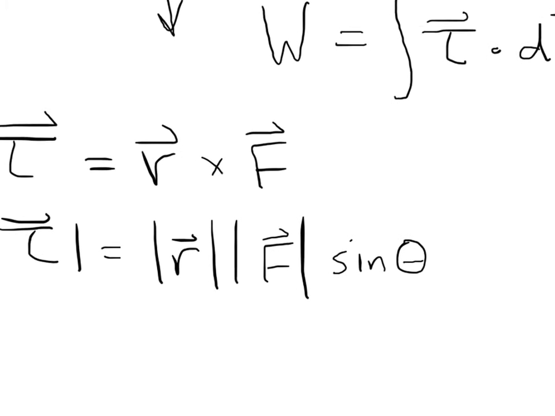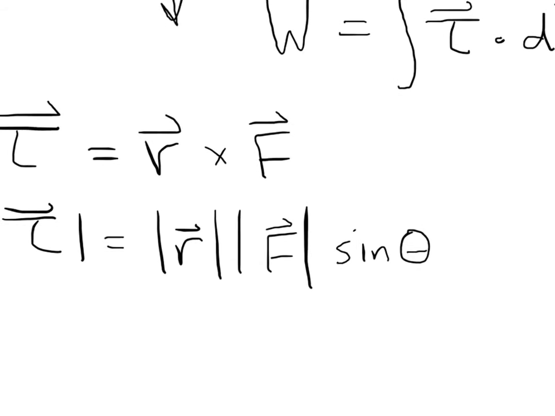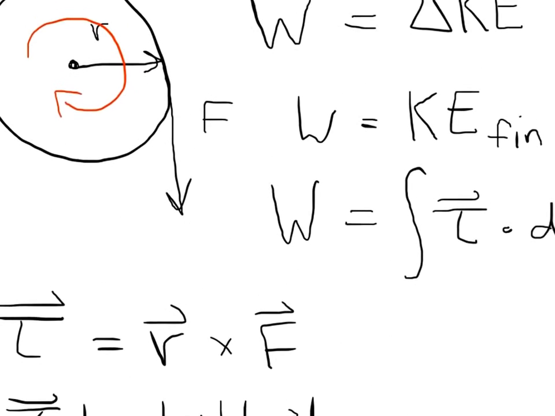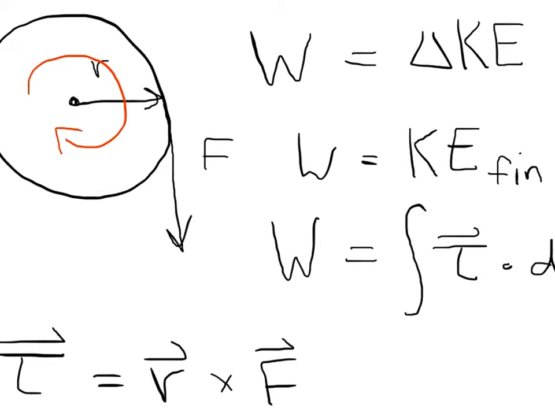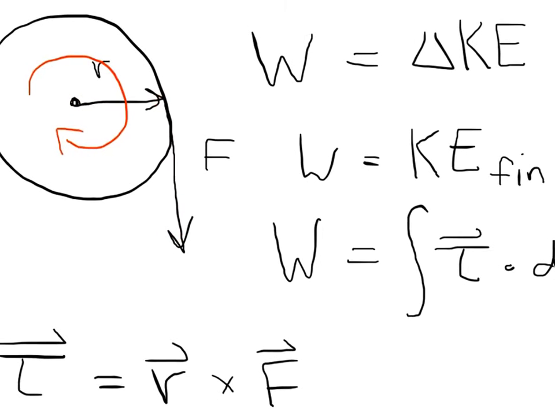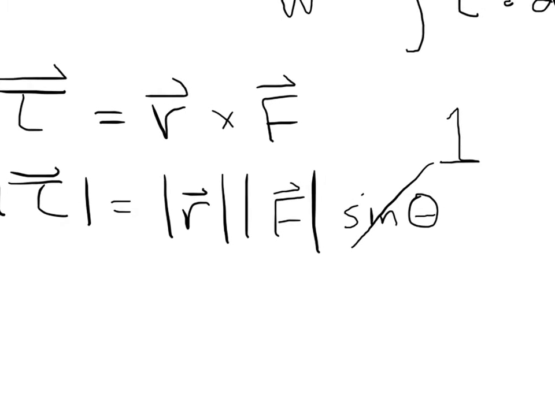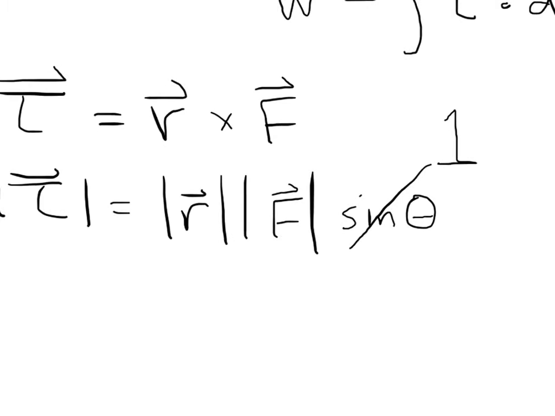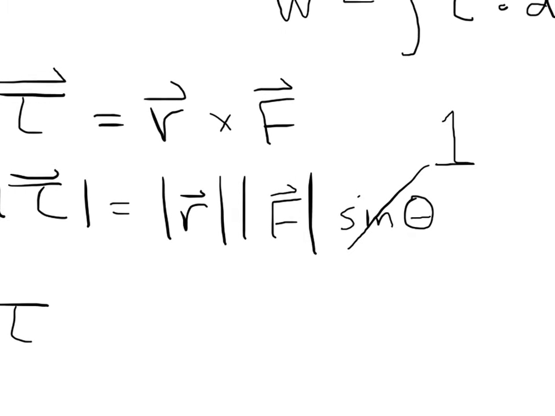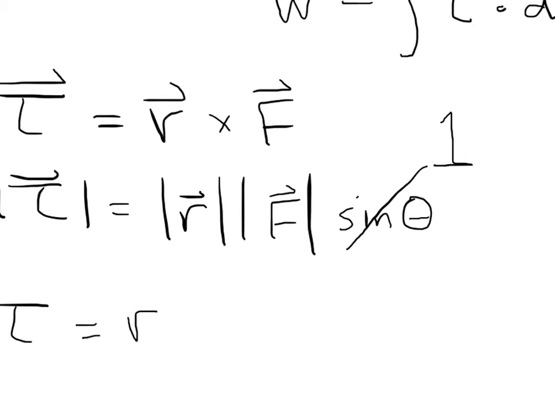This is unfortunate, but it's about to go away, because from our picture the angle between the moment arm and the force is 90 degrees. So sine of theta simplifies to 1, because the sine of 90 degrees is 1. The magnitude of the torque, which I'm writing as tau without a vector on it, is just the radius times the force applied.